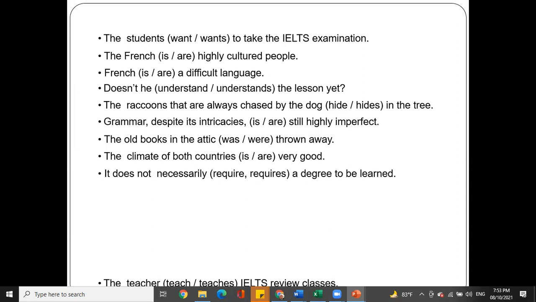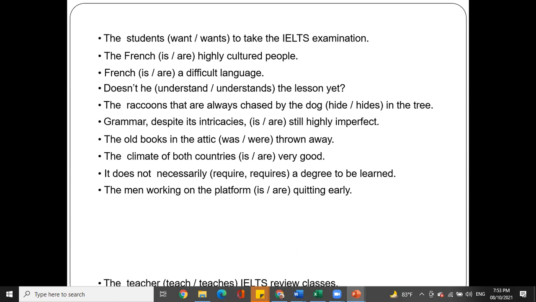It has been married to does, so no other subject-verb operations can happen. This one is in the base form without the s. It doesn't necessarily require a degree to be learned. Require a degree.